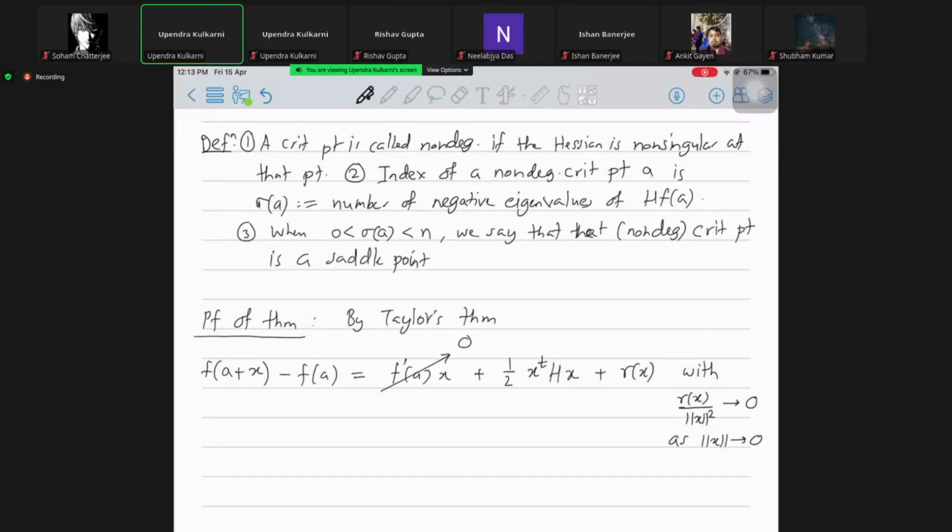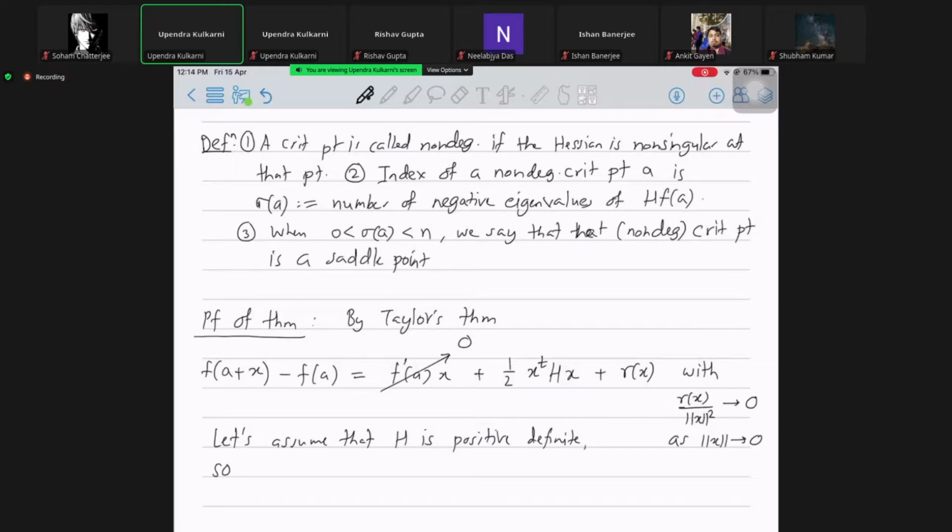So by Taylor's theorem, first let's assume that H is positive definite. So what does that mean?